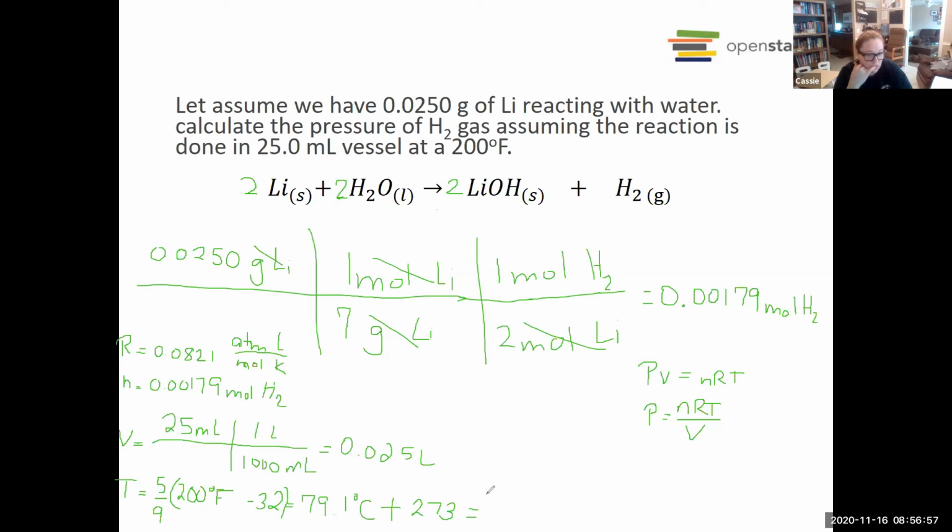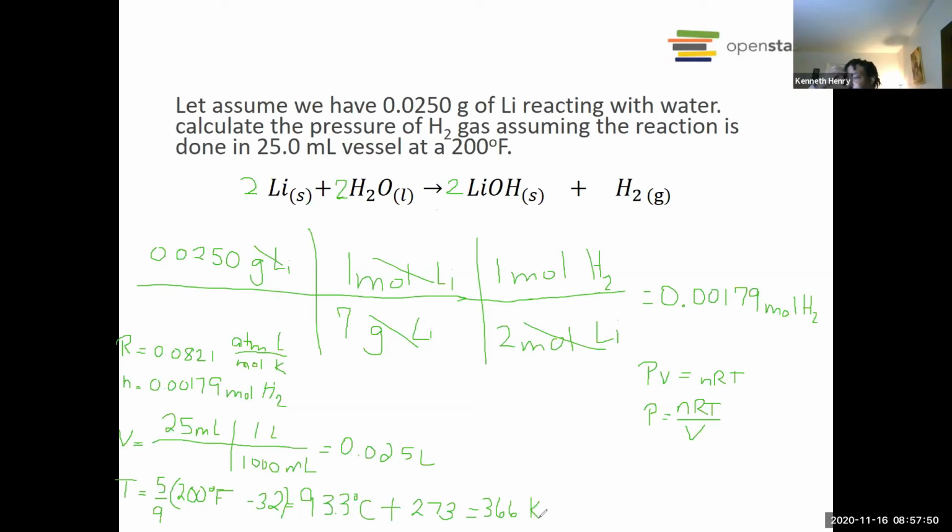So then it should be 93 degrees Celsius plus 273. Okay, so we get 366 Kelvin.